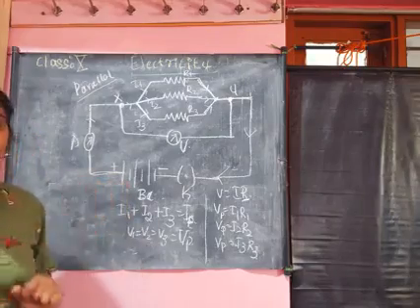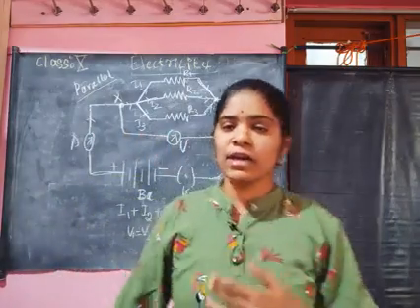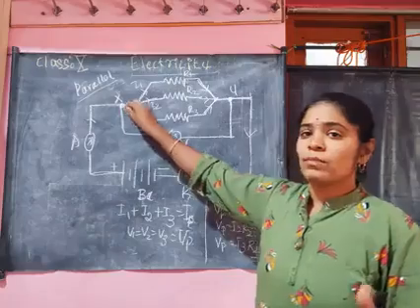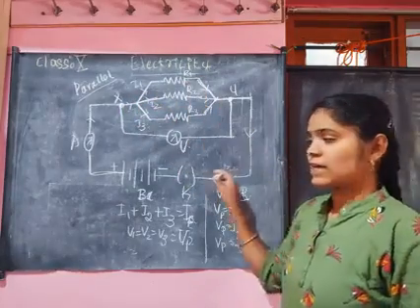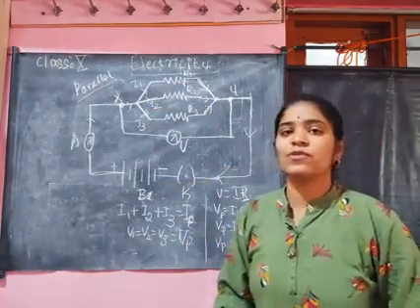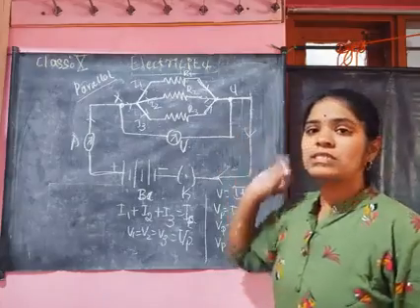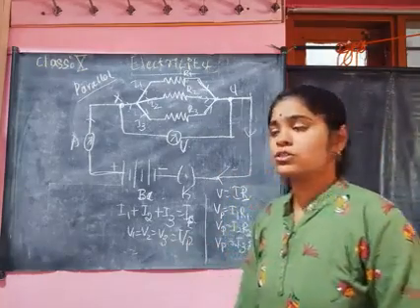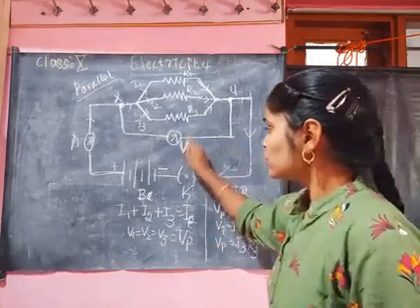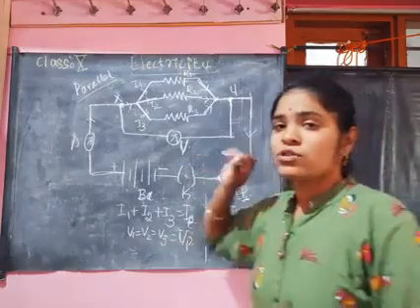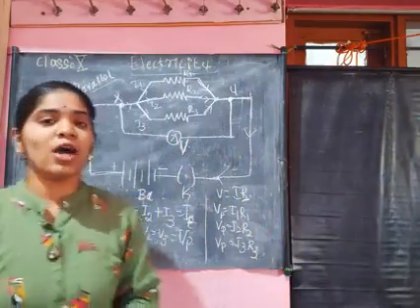So in this case, the current will be divided in the electrical circuit and the potential difference throughout this circuit is the same. There is no change in the potential difference. So this remains as it is. For this we are applying Ohm's law.